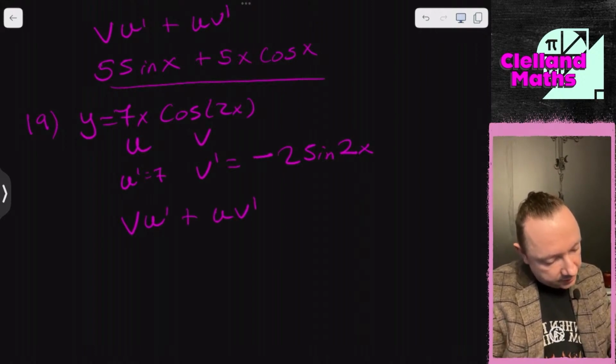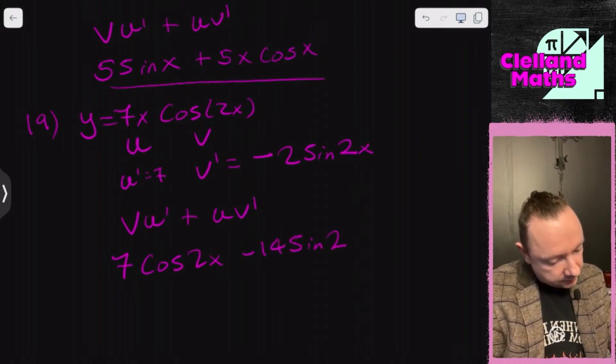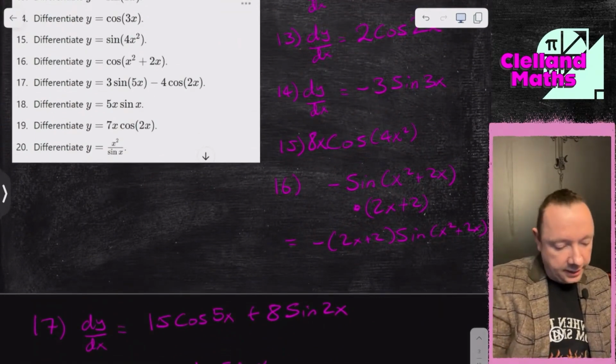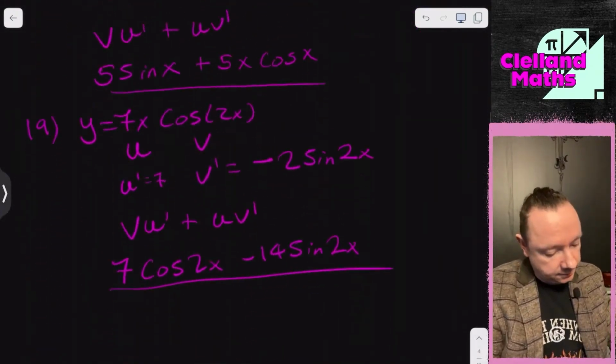So what does that give me? Cos 2x times 7, 7 cos 2x then. And then u is 7x and v dash is minus 2 sine 2x, so minus 14x sine 2x. Quite happy with that. Number 20, y equals x squared over sine x.